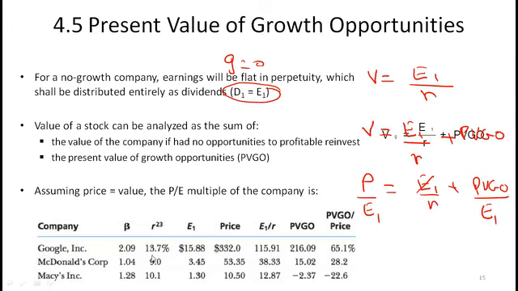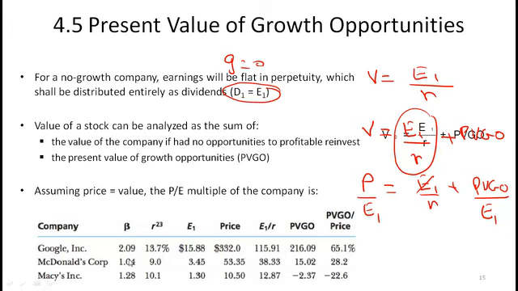You are given the E1, you are given the price, so this part, E1 over R, for Google is 115, but the present value of growth opportunities is very high. Actually 65% of Google's stock value is coming from the present value of growth opportunities.